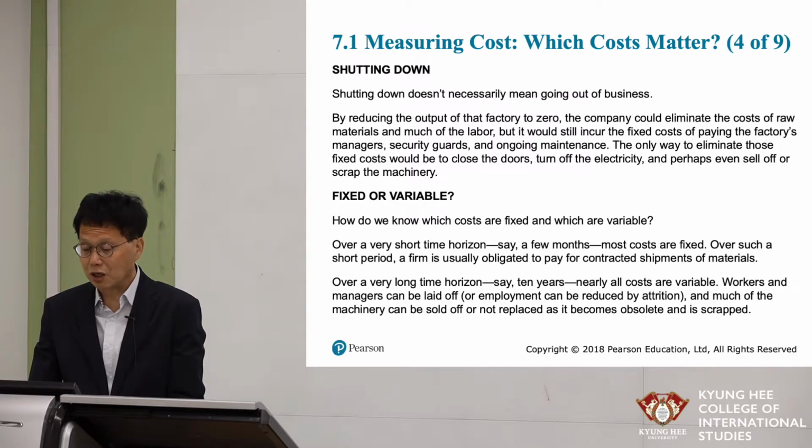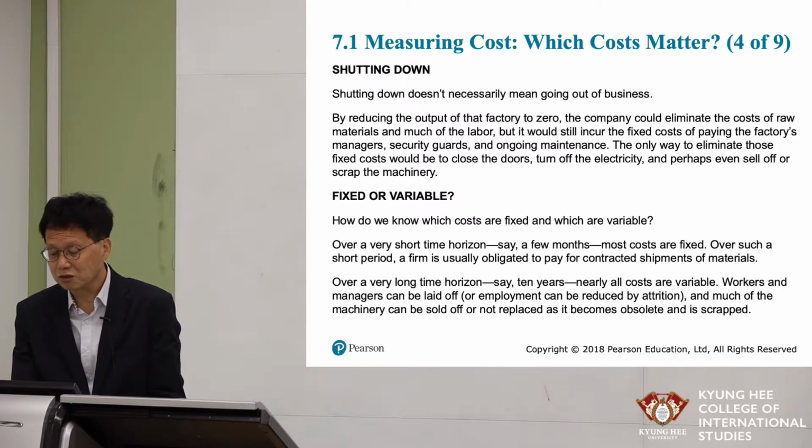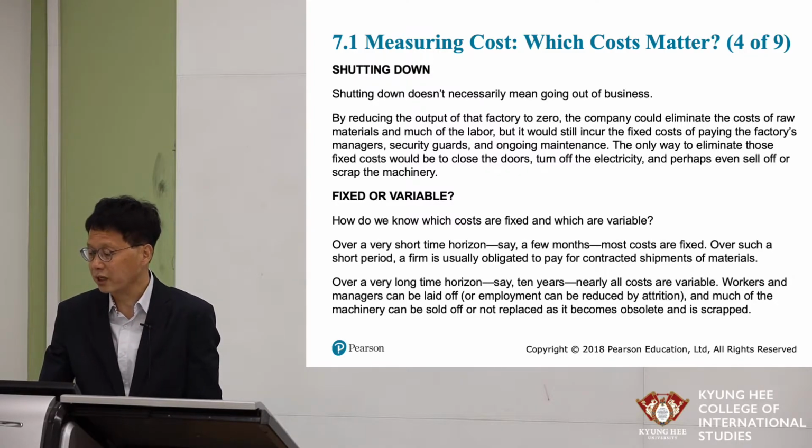By reducing the output of the factory to zero, the company could eliminate the cost of raw materials and much of the labor, simply saving variable costs. But it would still incur the fixed costs of paying the factory managers, security guards, and the ongoing maintenance, rental rate of land, buildings, or capital, for example.